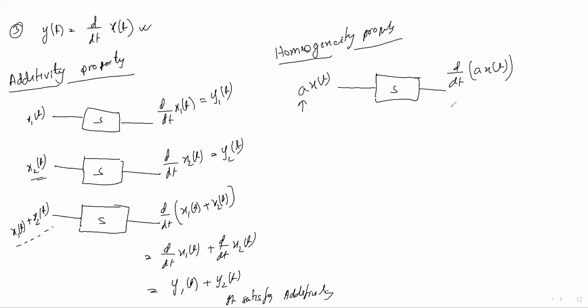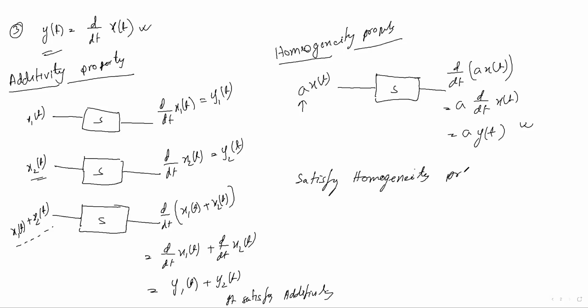Since a is a constant, we can bring it outside: a d by dt x of t, and this is nothing but a y of t. So this satisfies the homogeneity property also. Since it satisfies both the properties, it is a linear system. The given problem is a linear system.